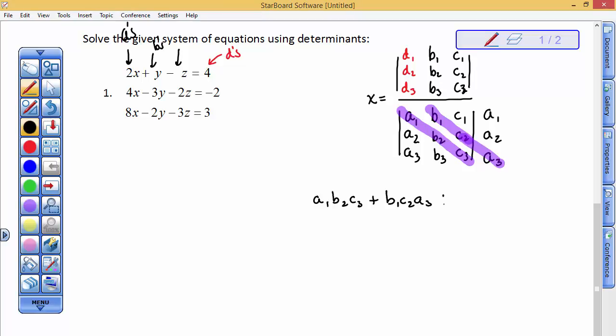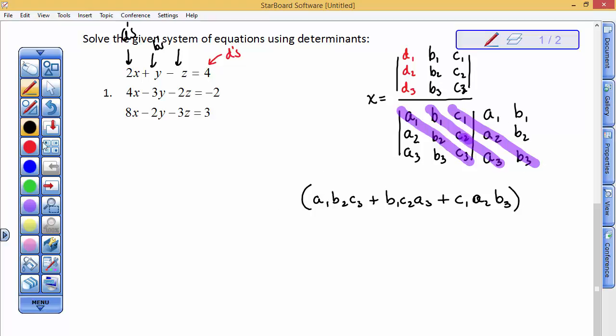And then the next would be to copy the middle column here, the b's, over here, because next Cramer had to take c1 times a2 times b3. I'm just not showing you why, because that's a long algebra proof. c1 times a2 times b3.